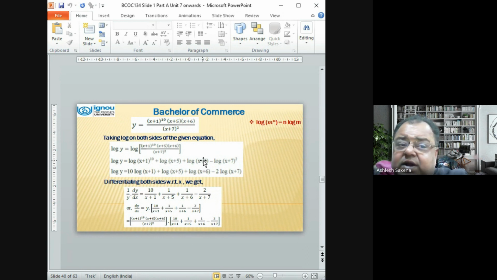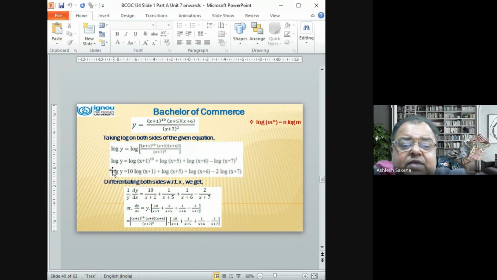When they are in products and the log is applied, it becomes the addition form. Now this is in the denominator, so it will become minus, and the complete log will come. In the next step, we will bring this 10 in front by applying this relation, plus log (x plus 5) plus log (x plus 6), and this 2 in front of this.